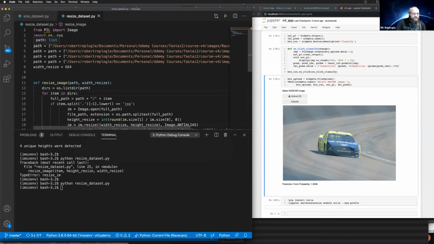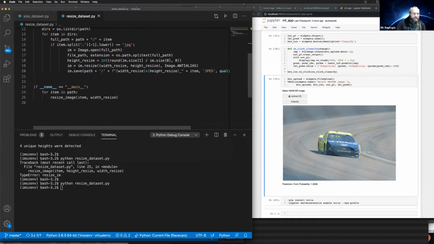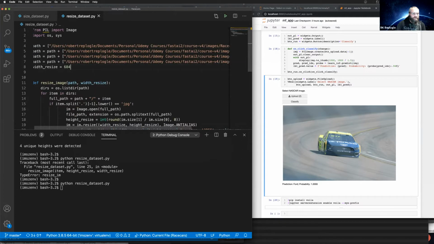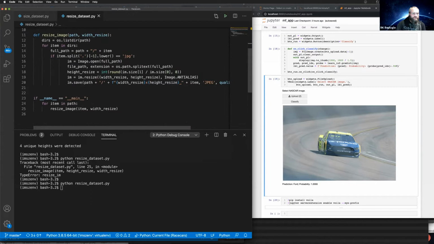So this is obviously just building all my paths into a list so I can loop through it. And then I'm specifying the resize. And then I come in here. My function is basically walking through this path list of these directories.